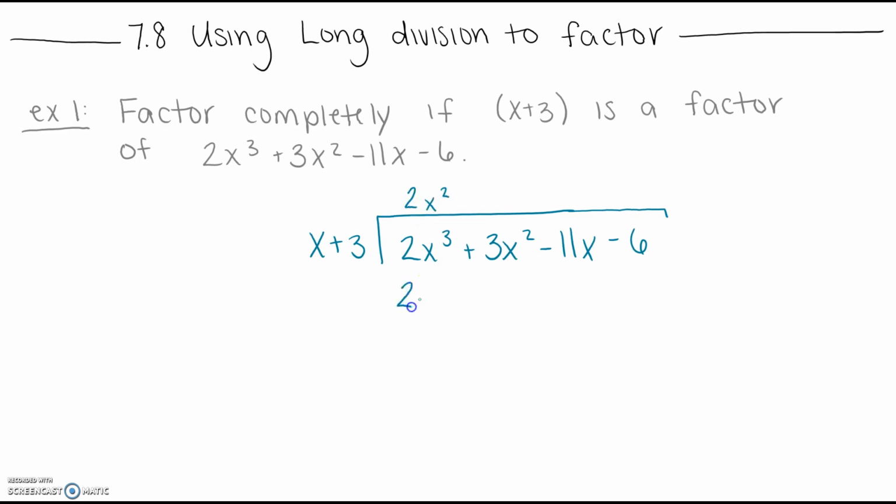So then we have 2x cubed, and then plus 6x squared. I'm going to subtract this whole thing. So our 2x cubes cancel out, and then 3x squared minus 6x squared is negative 3x squared. So what times x will give us negative 3x squared? Negative 3x.